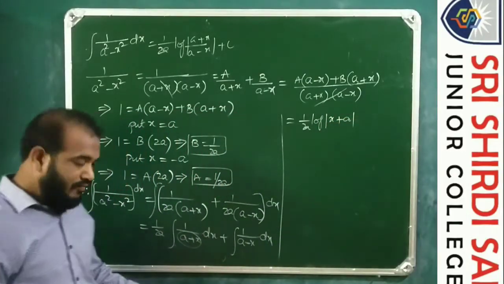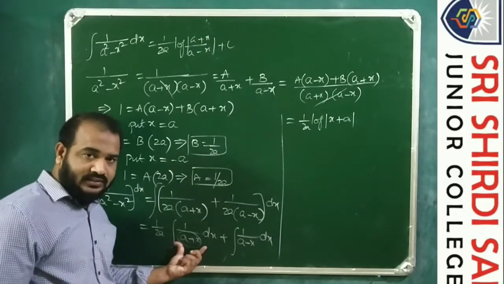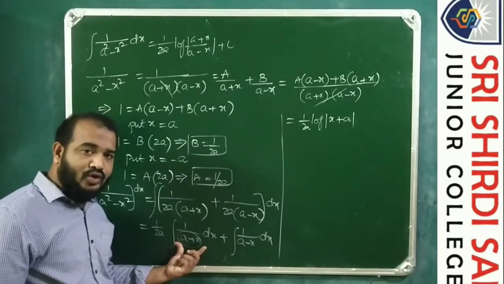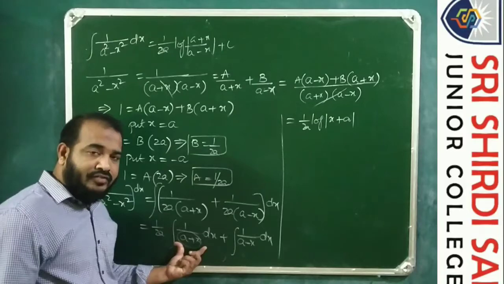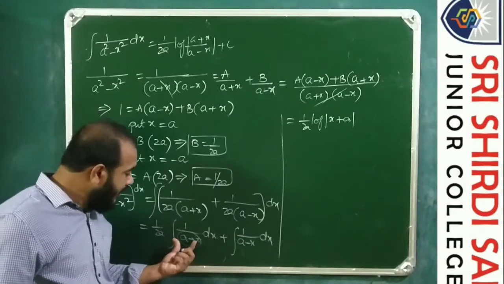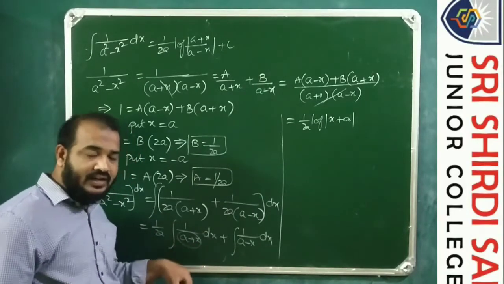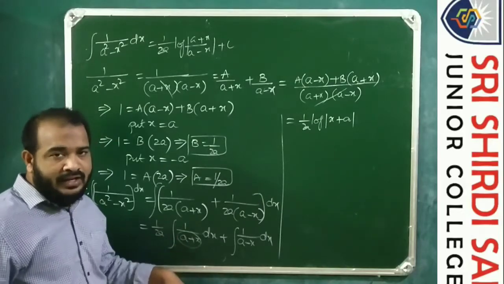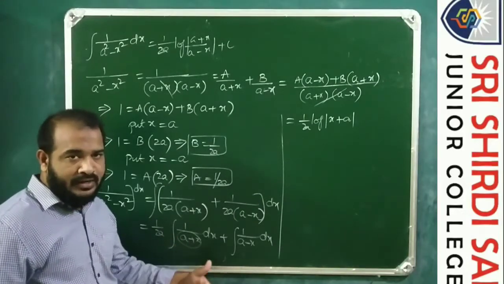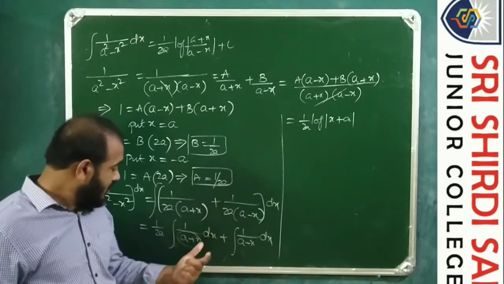Whichever expression is taken to be x temporarily, we need to differentiate it. In differentiation we used to do d by dx of a plus x, but here it is d by dx of a minus x. D by dx of a is 0, d by dx of x is 1.